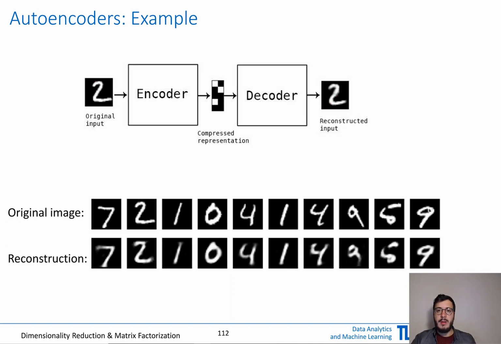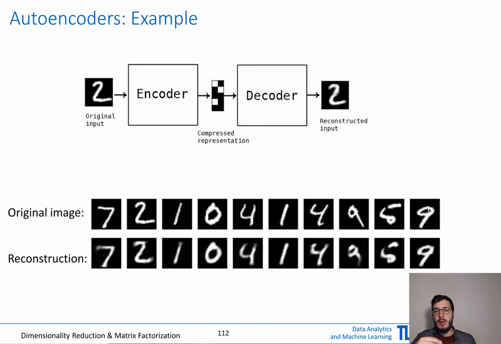If you train the neural network on MNIST and look at how good it does, we see that the difference between the original images and the reconstructed images is pretty small. So here we're doing a pretty good job. One additional thing to note is that if you only care about the low-dimensional representation, after you're done training, basically you can throw away the decoder, right?